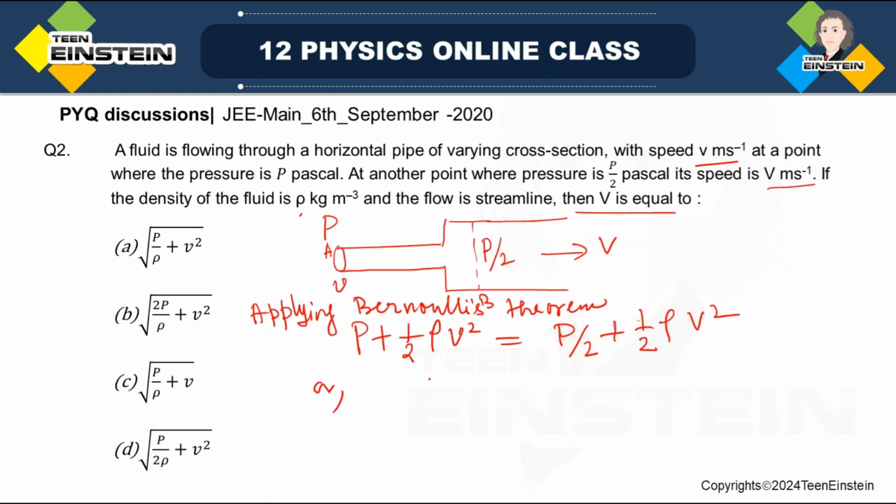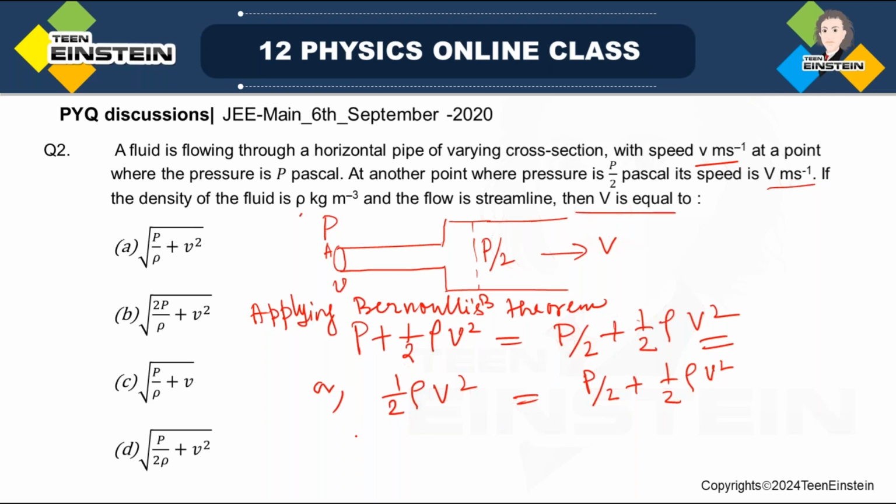Now look at what we get from here. I have to find out capital V in terms of small v. So we get half rho capital V square equals P by 2 plus half rho small v square.